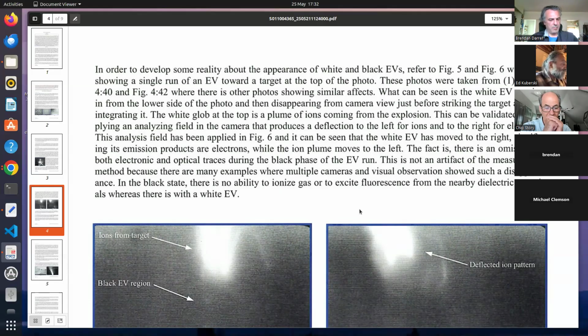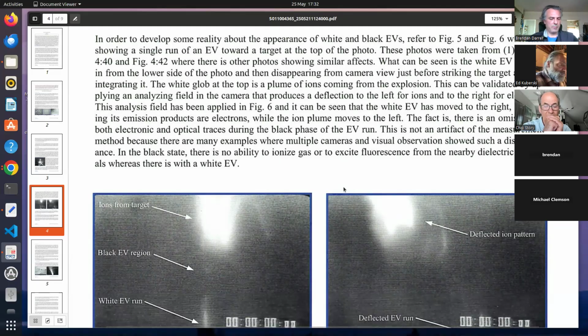This analysis field has been applied in Figure 6, and it can be seen that the white EV has moved to the right, significantly, its emission products are electrons, while the ion plume moves to the left. So yeah, electrons to the right, ions to the left.